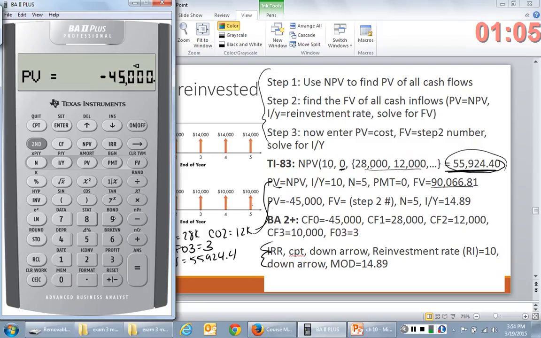The future value is going to be the present value of all cash inflows, the $90,066.81 calculated in step 2. The payment is 0. The N is 5, and we need to compute the interest rate that makes this work, and that's 14.89%.